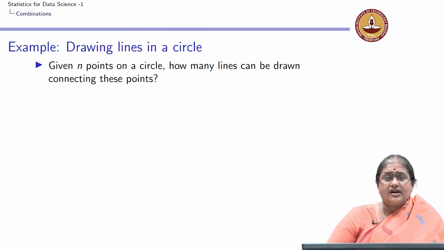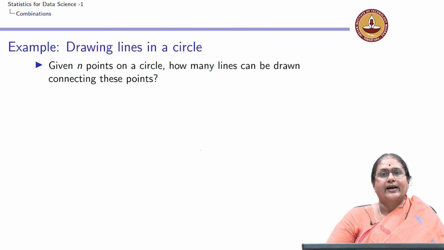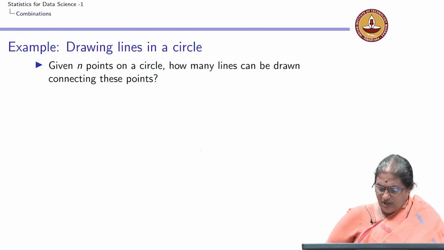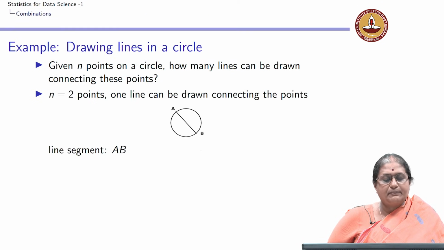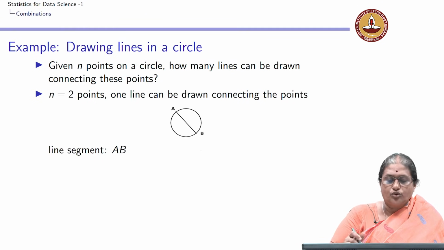Suppose I am given n points in a circle. The question is how many lines can be drawn connecting these points. So, now let us look at a very simple case of n equal to 2.